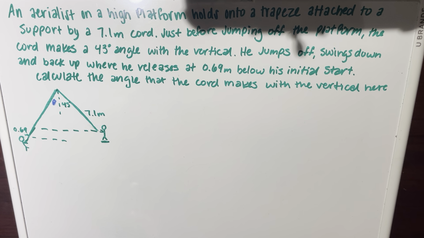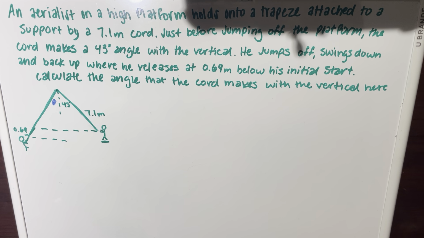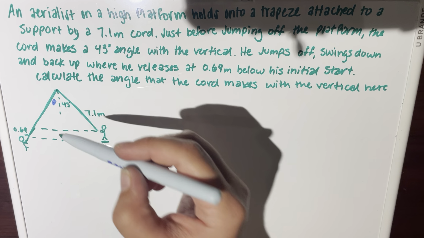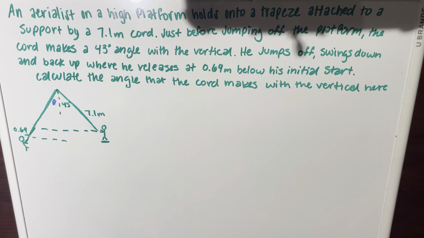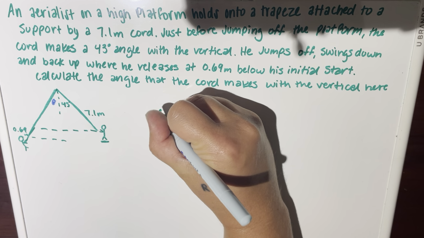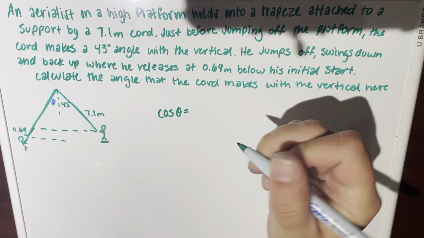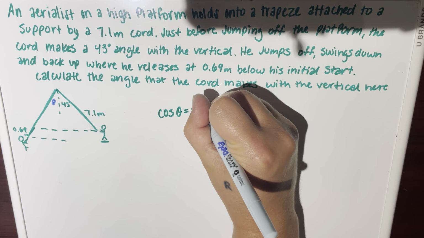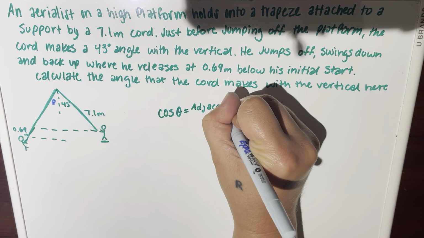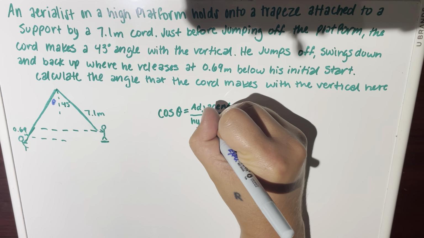So we know that the cord is 7.1 meters long and we have an angle of 43 degrees. So we can take our cosine function, because we know that cosine theta is equal to adjacent over the hypotenuse.